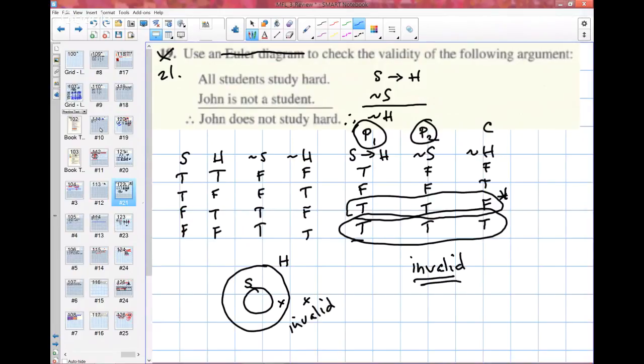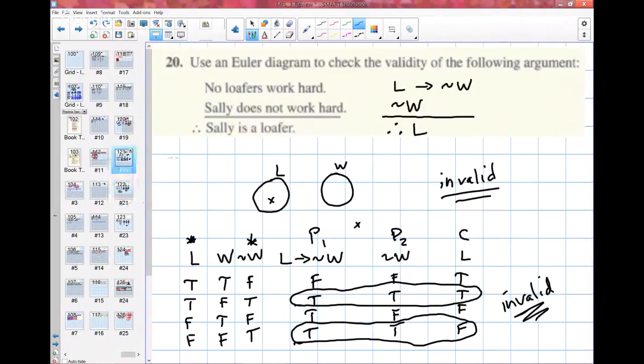Use a truth table to do number 20. Okay, got it. So I'm going to go back to number 20. Yeah, so 22 is on the, so 20 you were supposed to do with a Euler diagram, but we're going to look down here. This is the 22. Okay, 22 says go back and do 20 with the truth table.